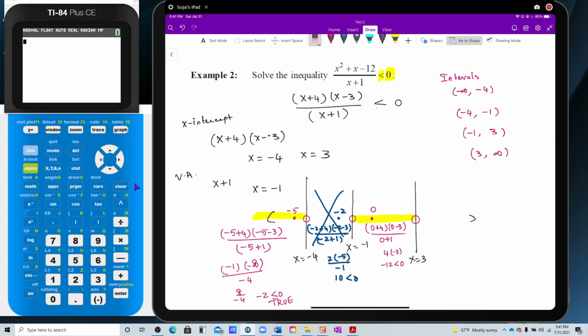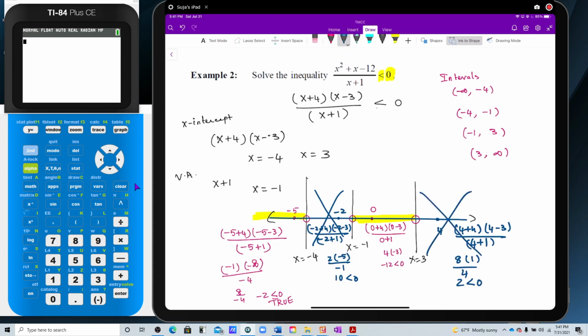My test point here is 4. Okay, my line disappeared. Hold on, let me draw it. Okay, 4. If I plug it into my factored form, it's 4 plus 4 times 4 minus 3 over 4 plus 1, 8 times 1 over 5, which is 8 over 5. That is not less than 0, which is not true, therefore that cannot be in the answer either.